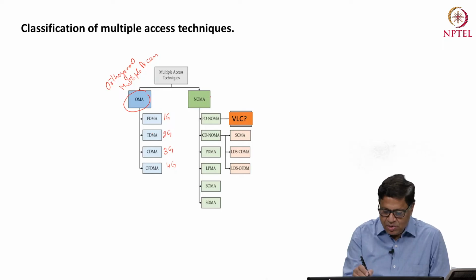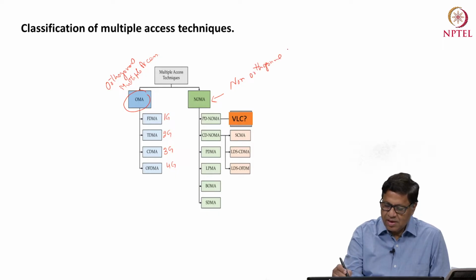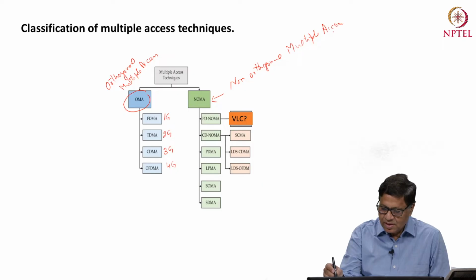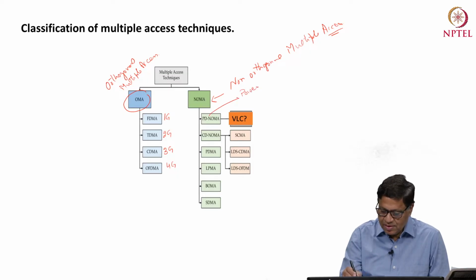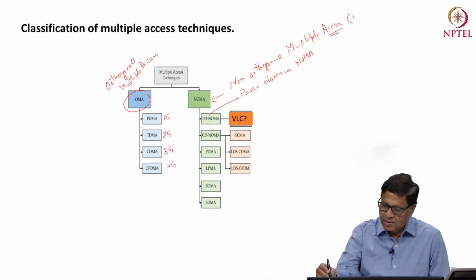Similarly, there is NOMA, non-orthogonal multiple access. Again, there are various variants of NOMA. One is PD-NOMA, which is power domain NOMA. Then you have code division NOMA.